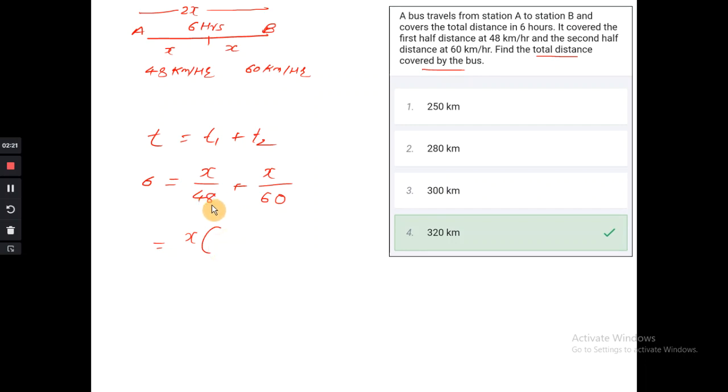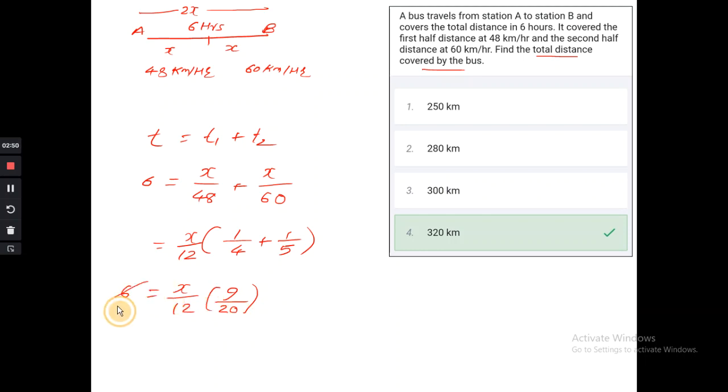Now 48 and 60, so 12 can be common, so this will be 1 by 4 plus 1 by 5. So x upon 12, 5 plus 4 is 9 by 5 into 4 is 20, and this is 6.